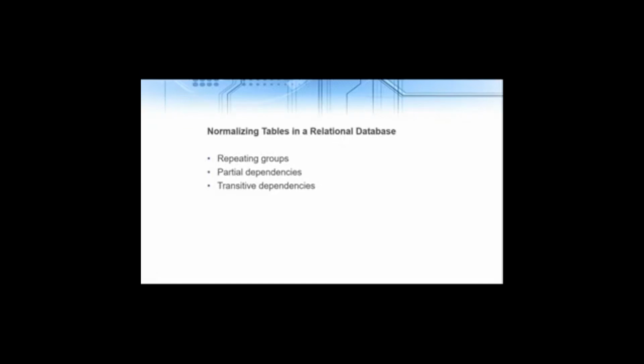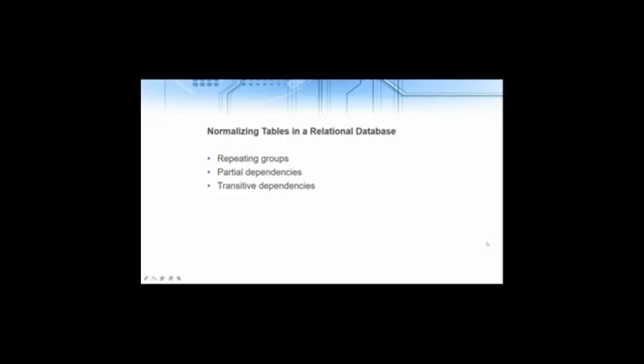Normalizing tables. There are three characteristics or topics that will be discussed: repeating groups, partial dependencies, and transitive dependencies. Normalizing tables in a relational database: the database anomalies described earlier in the text are symptoms of structural problems within the table called dependencies.